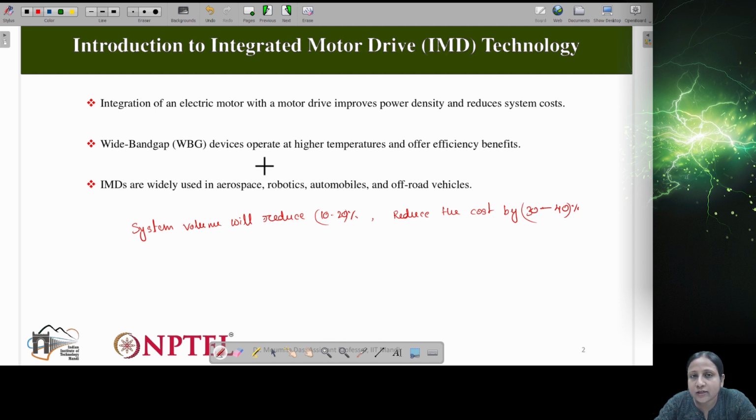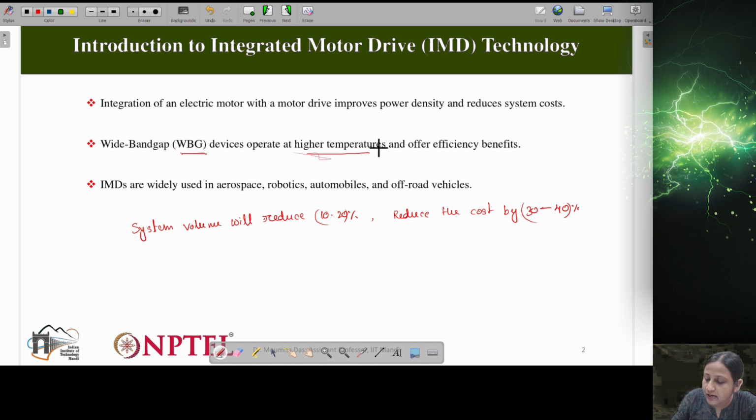So if the converter is mounted on the motor itself, then the system needs to operate at that temperature. That is why we need WBG devices which are suitable to operate at high temperature, and obviously efficiency is something we are looking forward to. That is also possible to achieve by using wide bandgap devices.